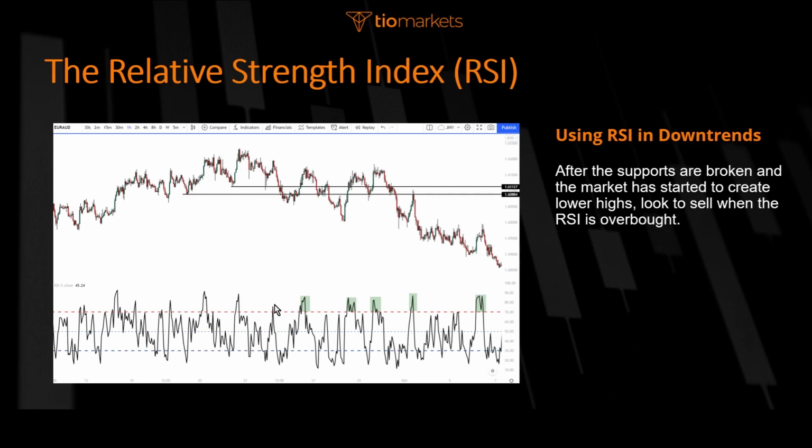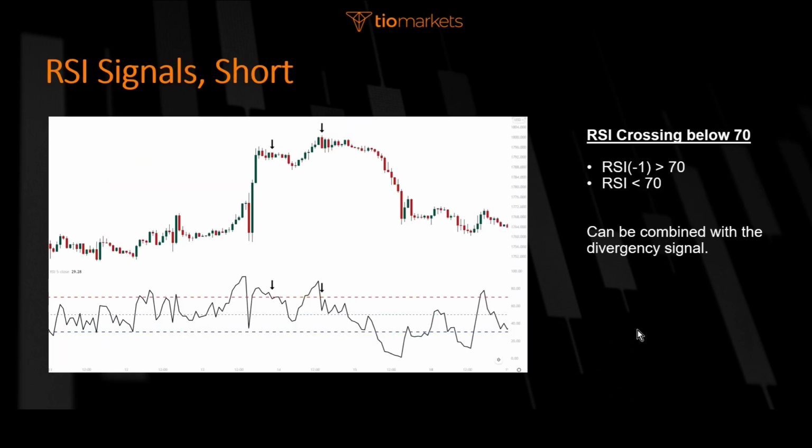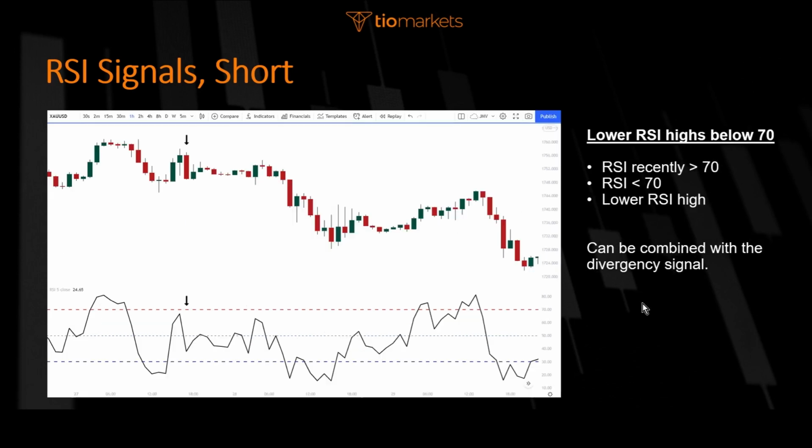So we can use these RSI above 70 readings to highlight to us that there's probably a trading opportunity coming up. And then the signals: when the RSI crosses below 70, when the RSI creates a lower high below the previous.